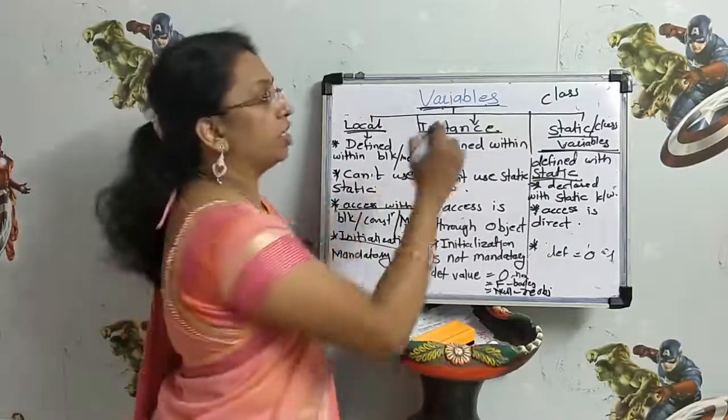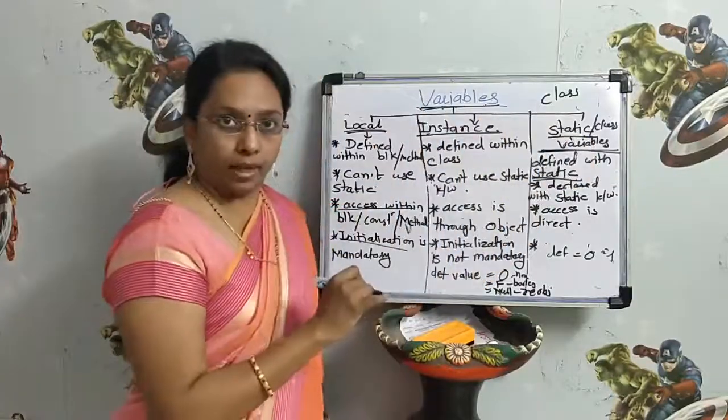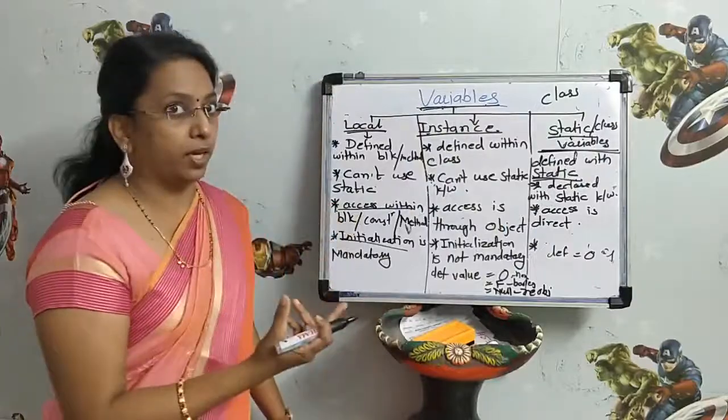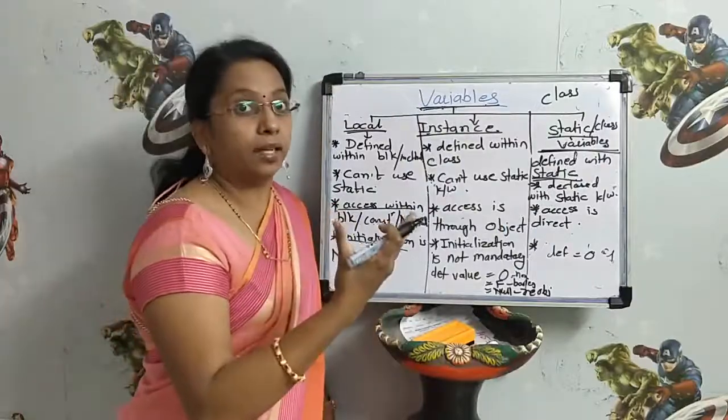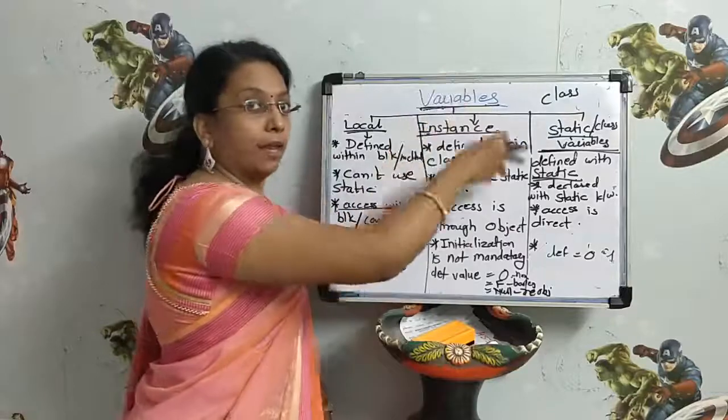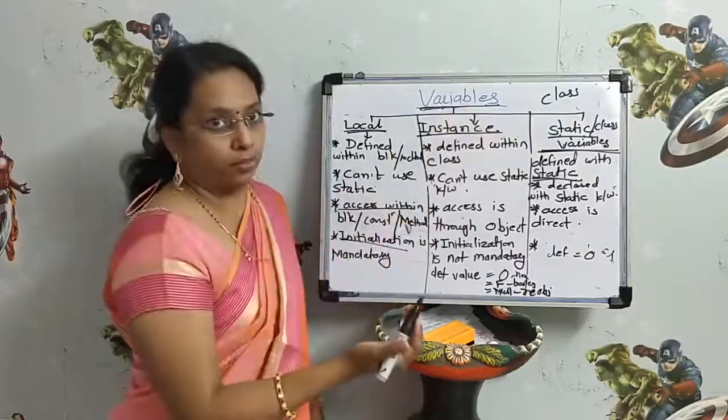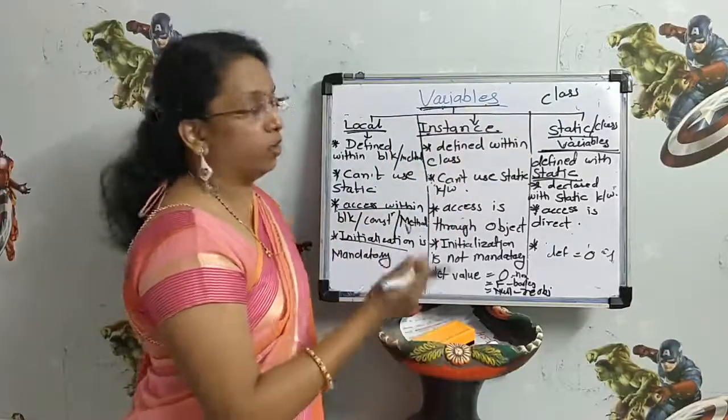Whatever changes I make to this static variable using one object would reflect when you access the same variable through another object as well. Got it?